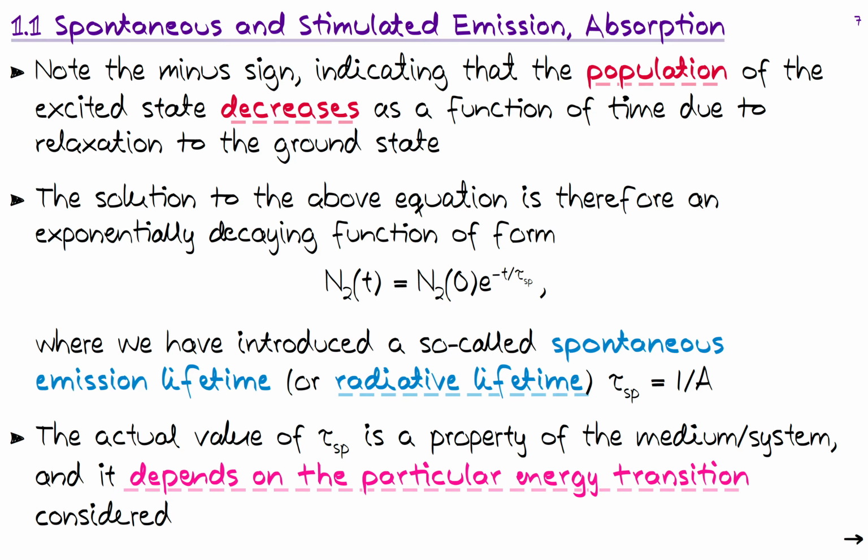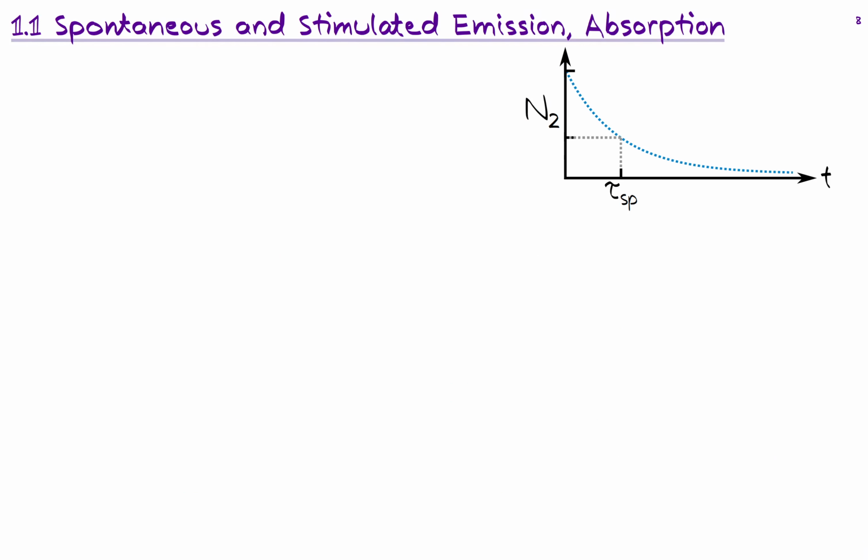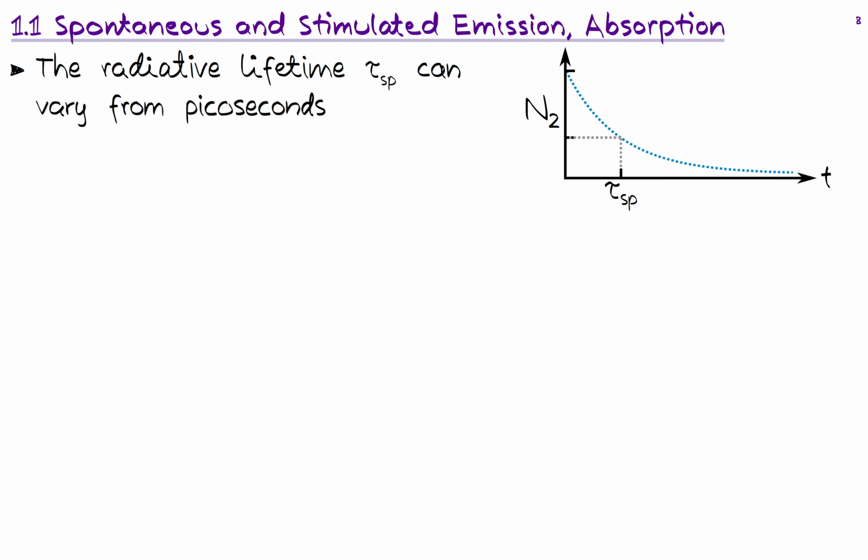So when we are looking at light, instead of a classical field, as a bunch of photons. Now, this is how the population evolves as a function of time. So it's a simple exponentially decaying function, and the radiative lifetime tau sp basically varies roughly from a few picoseconds to some milliseconds when we are looking at electrodynamic processes, so basically when matter interacts with light.